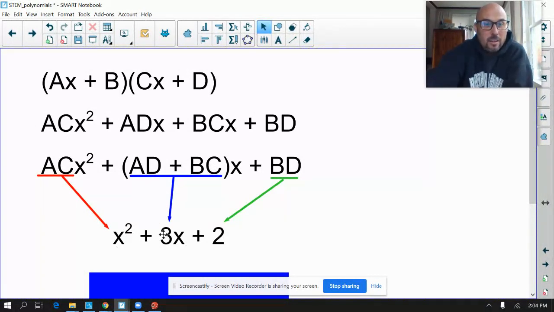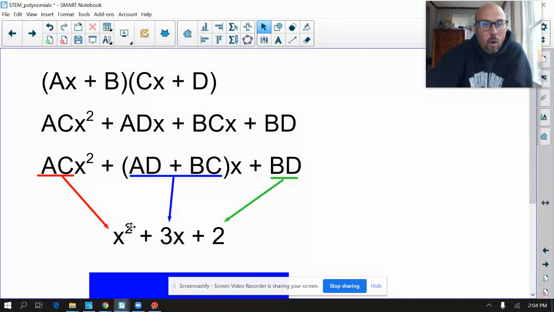And let's look at this trinomial, for example. This trinomial is the result of, if it's factorable, I want to get all the way back to this factor times this factor. So the first term is A times C x squared. So this number times this number, the A times the C. Well, this is 1x squared.